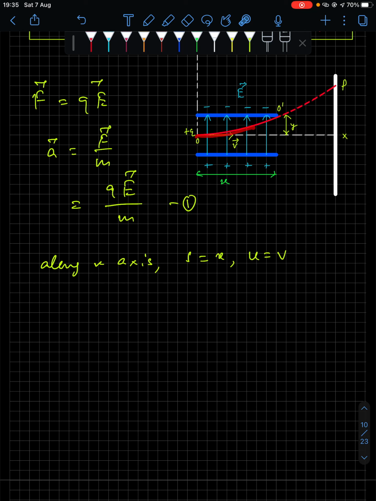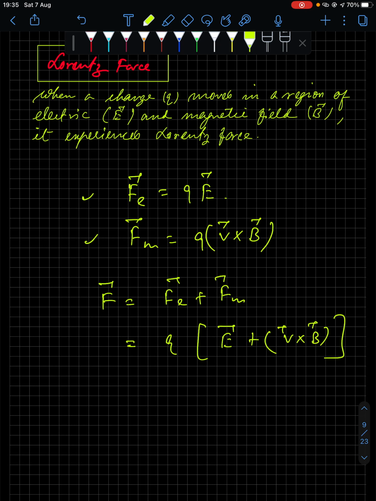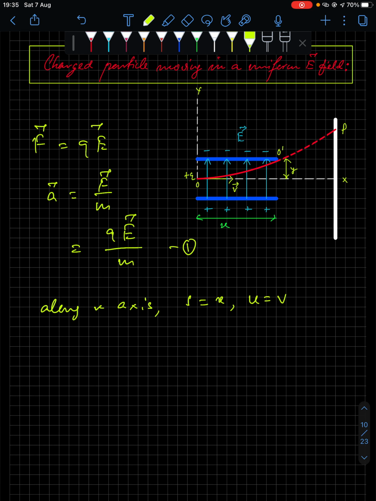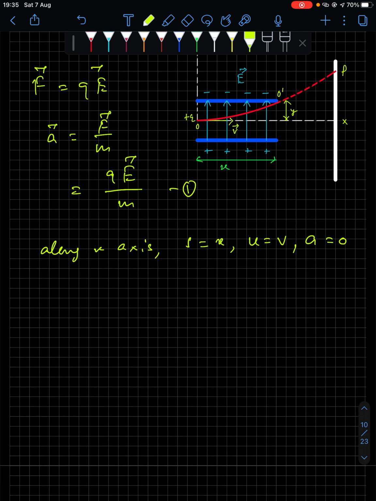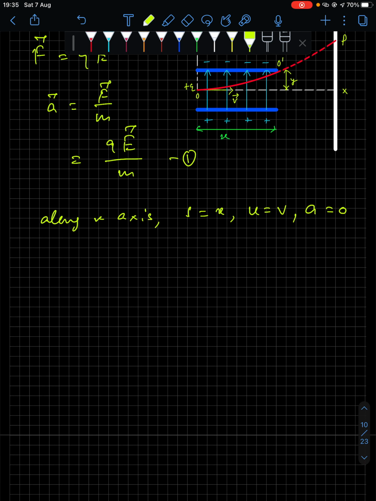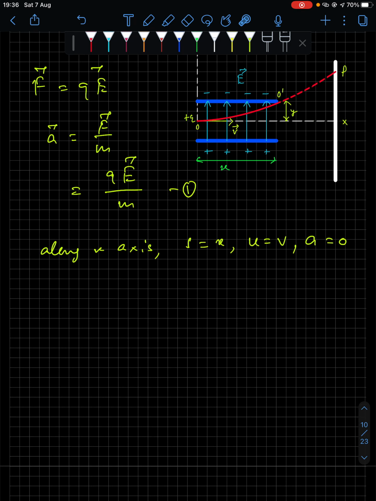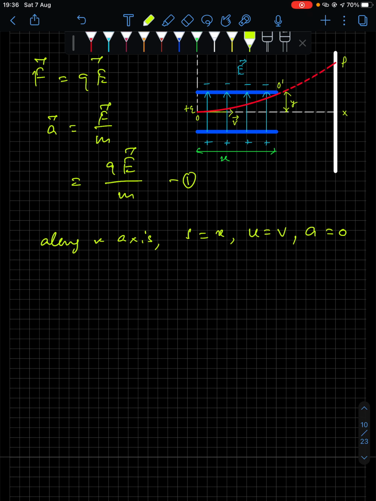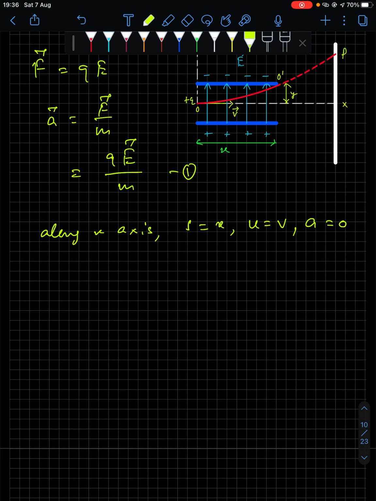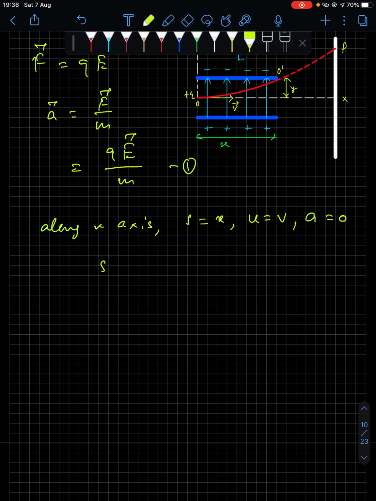The charge is being accelerated to deflect this way by the electric field, because the electric field is acting along the y-axis. So since there is no acceleration, initial and final velocity will be the same, and you can write a to be 0. There is no force along the x-axis, only along the y-axis.